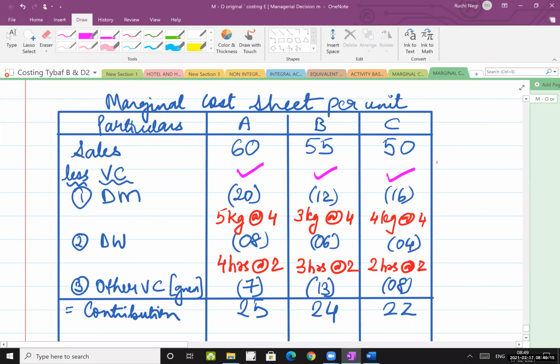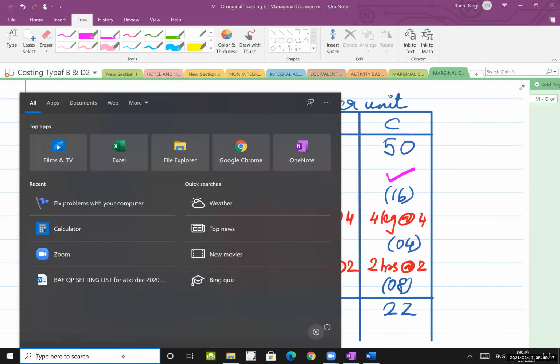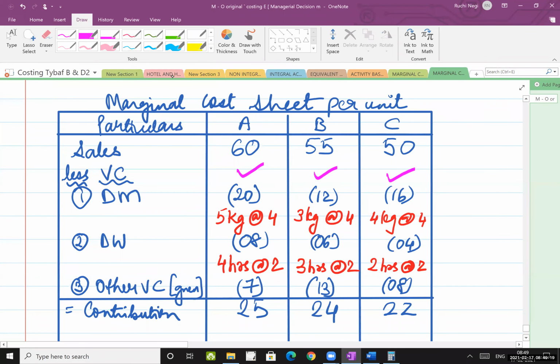Then come to direct wages. 4 hours into 2 rupees, 3 hours for making one product of B, and you're paying 2 rupees per hour. Third, C is taking 2 hours and you're paying 2 rupees per hour.